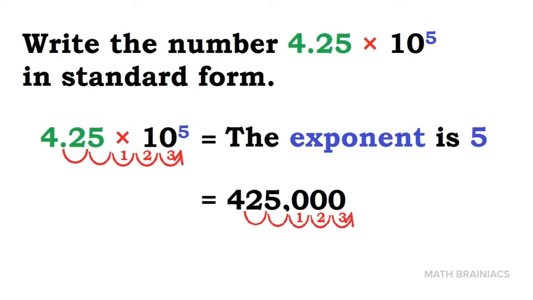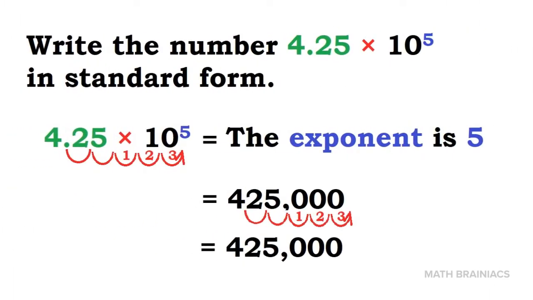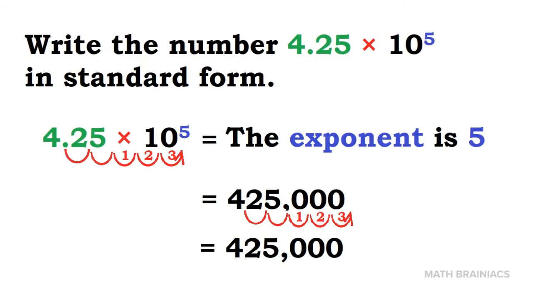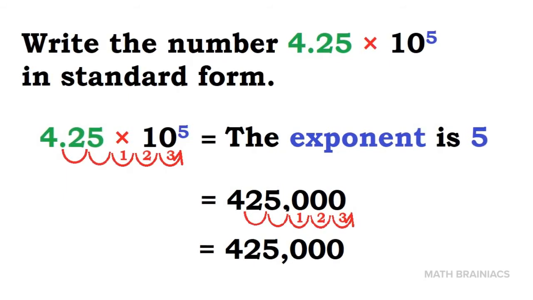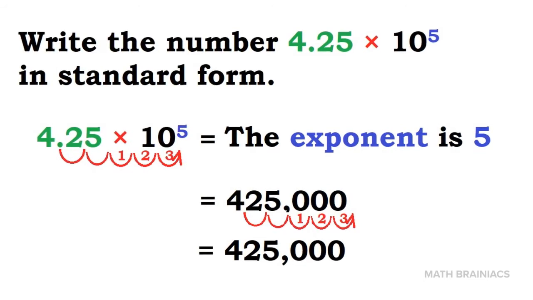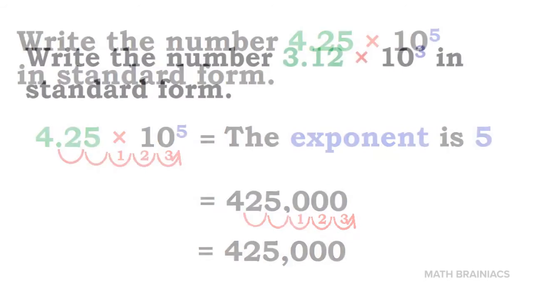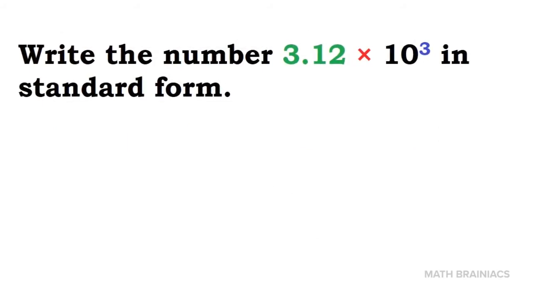Thus, you are going to add 3 more zeros to the number, and it will give us 425,000. Accordingly, 4.25 times 10 to the power of 5 in standard form is 425,000.